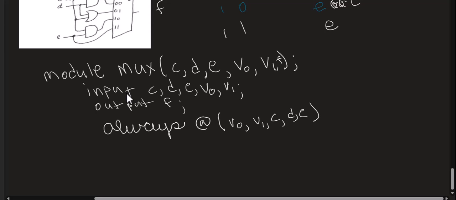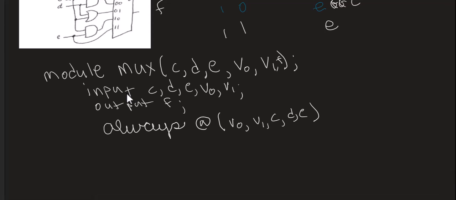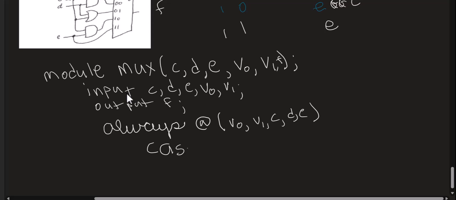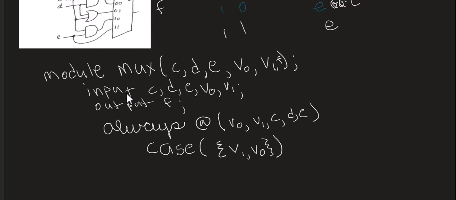Now, if I had more than one statement in here, I'd have a begin and an end, but I'm only going to have one statement. I'm going to have a case statement, and I put in curly brackets V1 comma V0. That makes a single binary number out of V1 and V0.